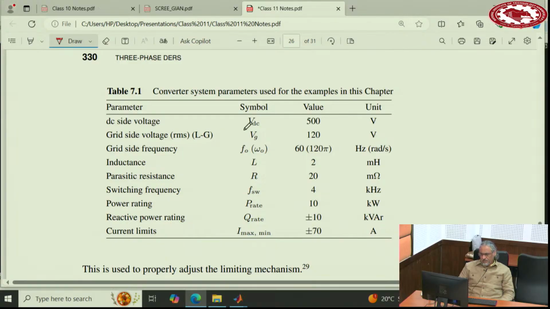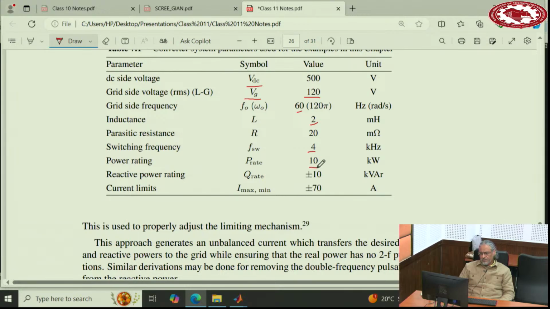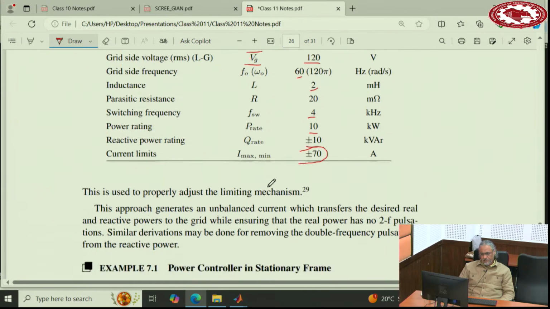The parameters that are used for simulation in this chapter are 500 volt DC as before. On the AC, we have 3-phase, 120 volt, 60 hertz, and 2 millihenry for the inductance, 4 kilohertz switching frequency, 10 kilowatt power rating, plus minus 10 kilowatt reactive power, and current we want to limit at a peak value of 70 amperes.